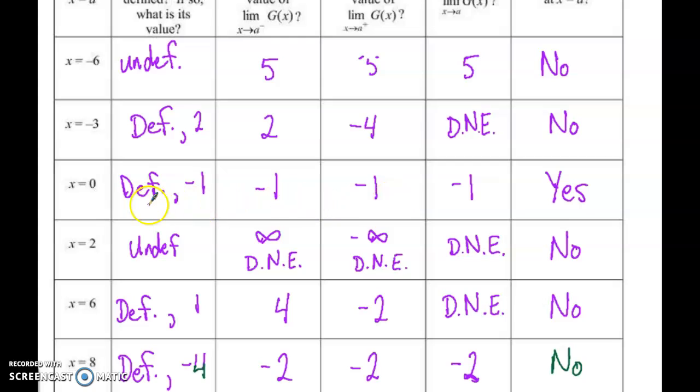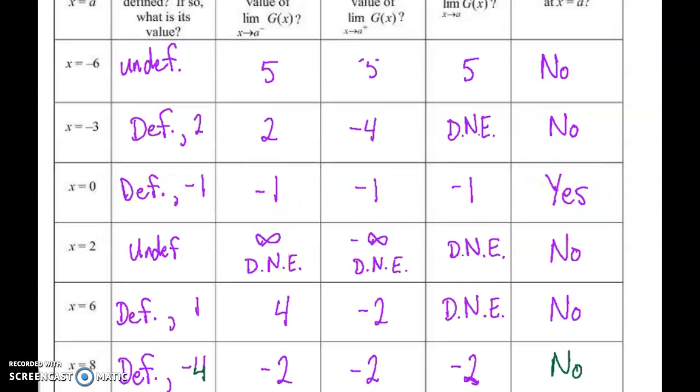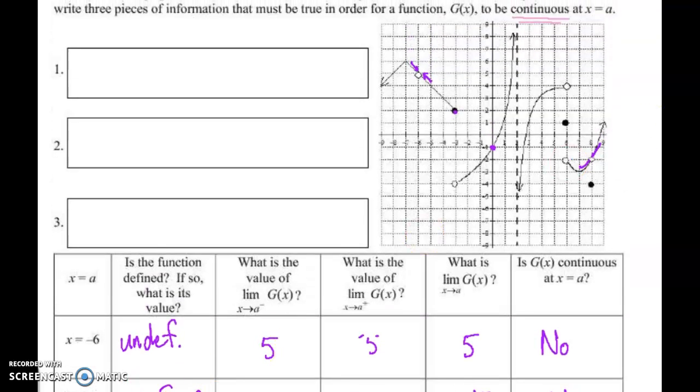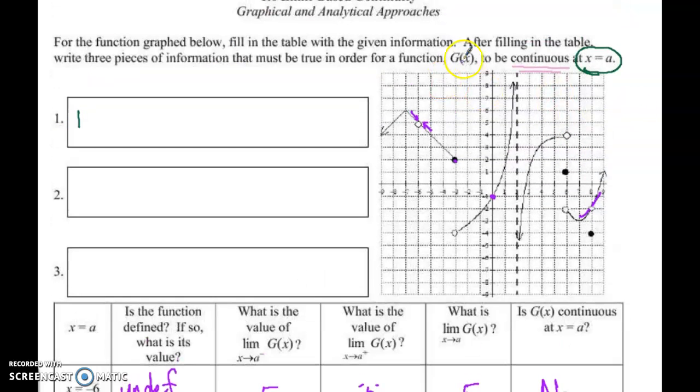And what was special about this x equals 0 that made it continuous, and why I asked these types of questions? Since we're looking at where x equals a, I'm going to write everything in terms of f of a. Well, I guess we can do this in terms of g, but remember it's just function notation, so it does not matter.